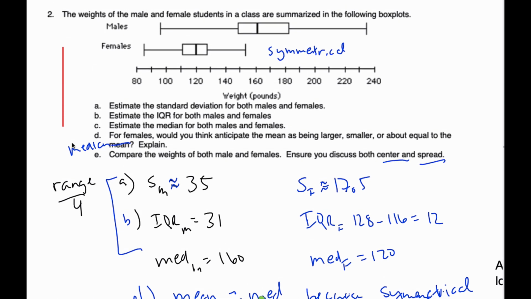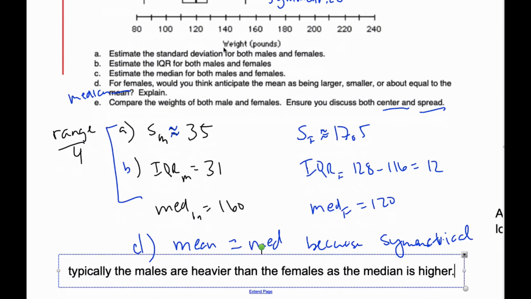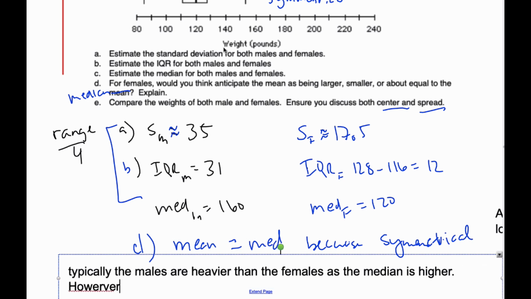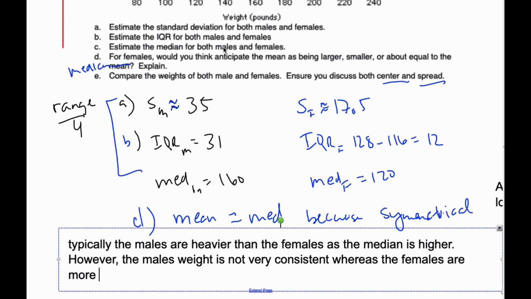But when we look at the spread, there's a lot more variation in the males' weight. However, the males' weight is not very consistent, whereas the females are more consistent.